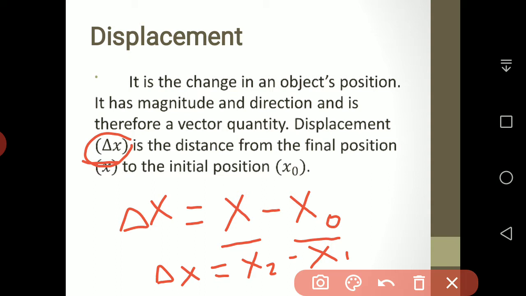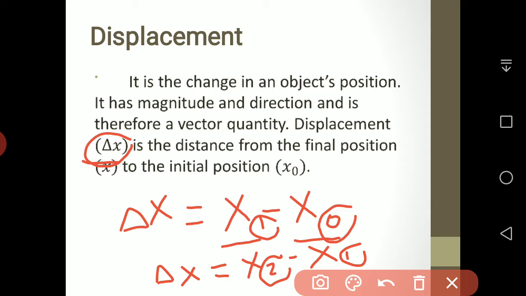Pero ang main na idea dito, kung 0 ito, malamang x sub 1 din ito. Mas mataas palagi si final, yung subscript niya, kaysa sa initial. So si final, mas mataas ang subscript niya kaysa sa initial. So huwag sana kayong malito.